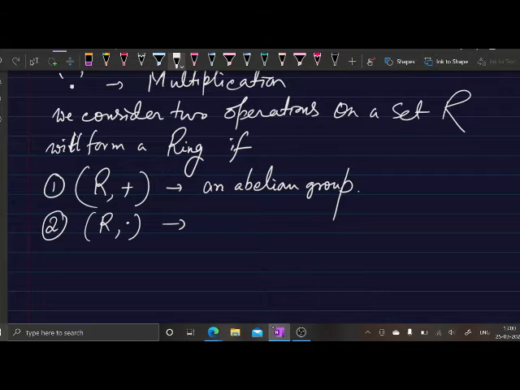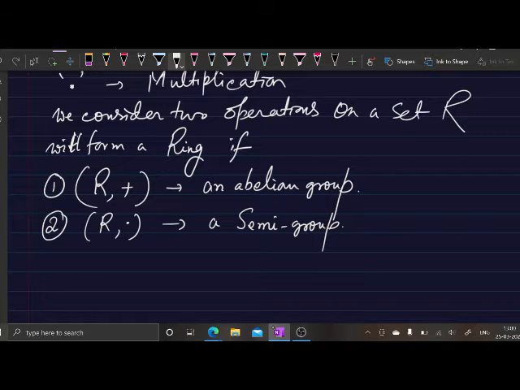So R dot will be a semigroup. We all know that a set equipped with a binary operation is called a semigroup if associativity holds with respect to the operation. So with respect to multiplication, we introduce only associativity on this set.